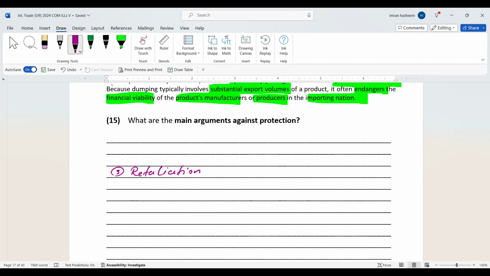I'll repeat. Inability to derive optimum benefits from comparative advantage based international trade. Close the brackets. Next point.